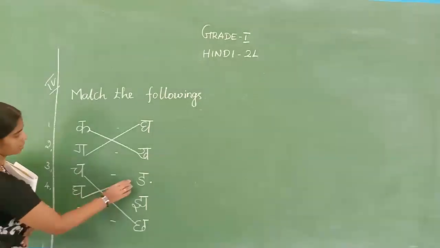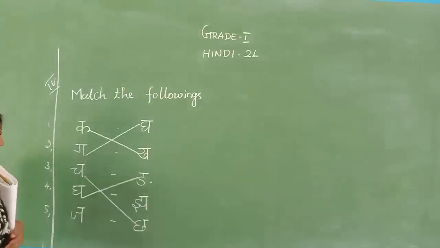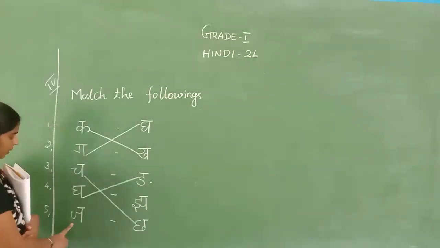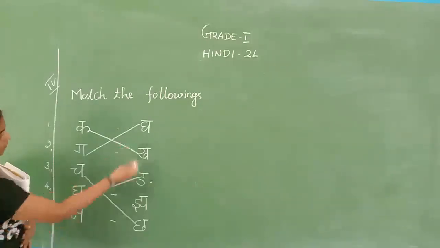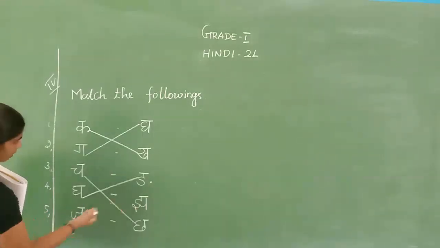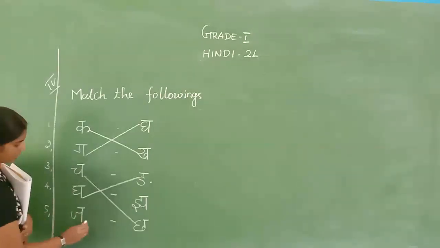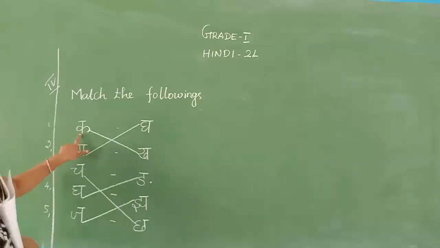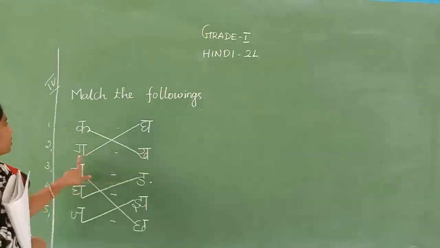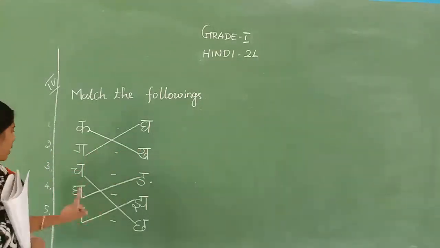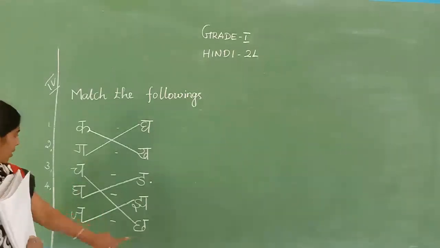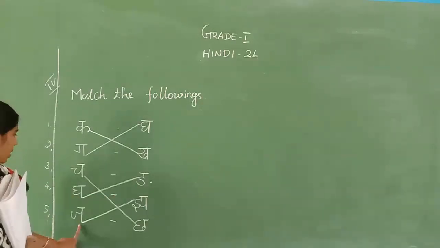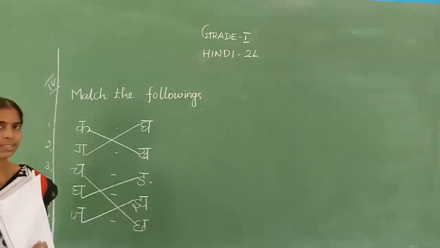Let's match it. Okay, the last letter is ja. Only one more. This is the answer for this. Ja is ja. Right? Match it. Okay, ka, ka, ga, ga, cha, cha, ga, ga, na, ja, ja. Right? Okay, children.